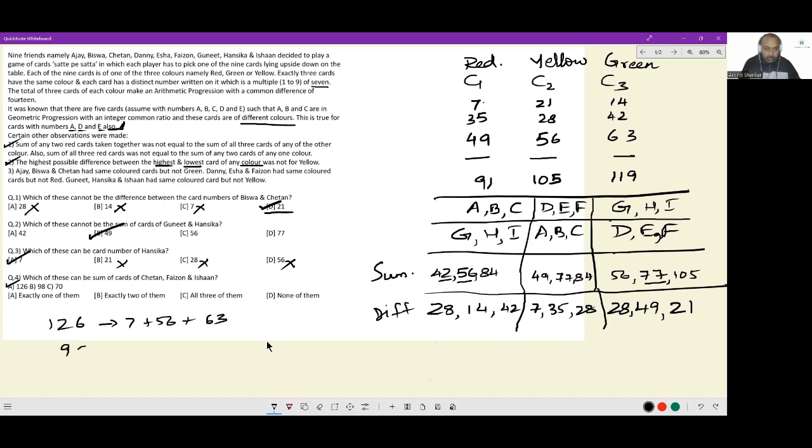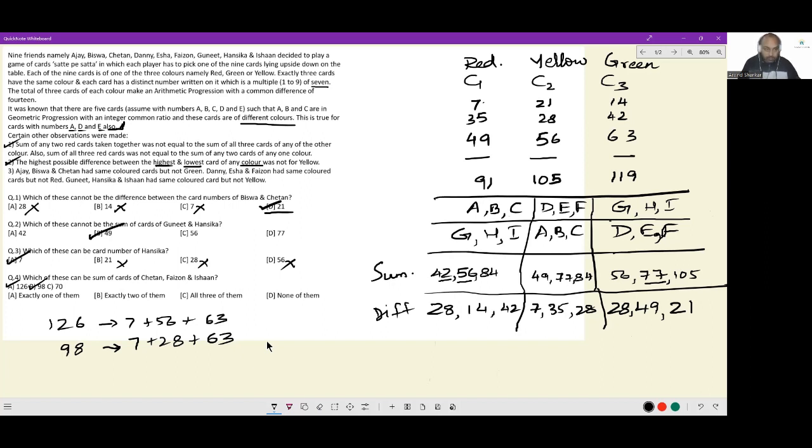For 98, I need 14. So 1, 4, and 9. So 7 and 28 and 63. This can also get me to 98. So this is also possible.